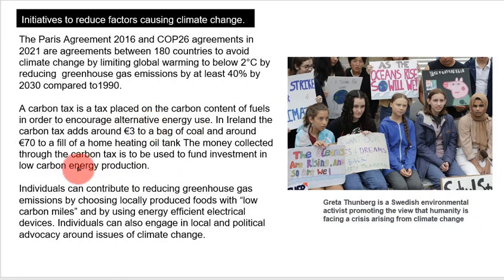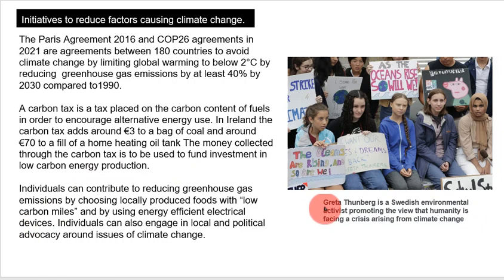So individuals can contribute to reducing greenhouse gas emissions by choosing locally produced foods with low carbon miles, and by using energy efficient electrical devices. Individuals can also engage in local and political advocacy around issues of climate change as well.